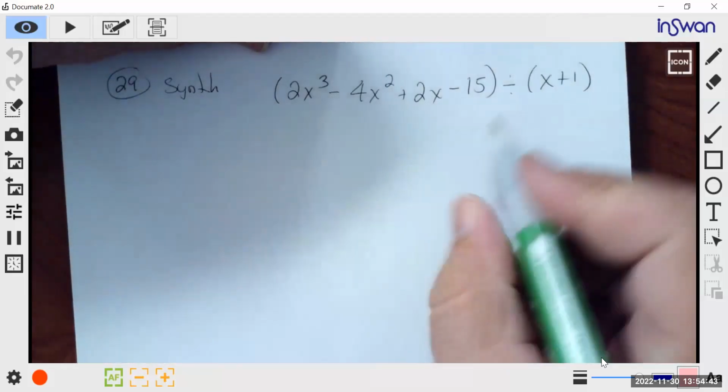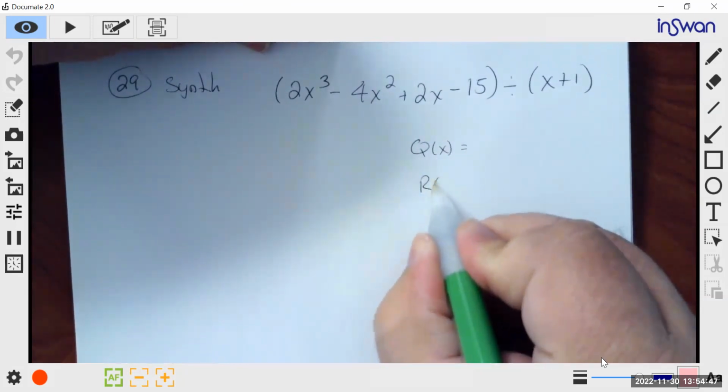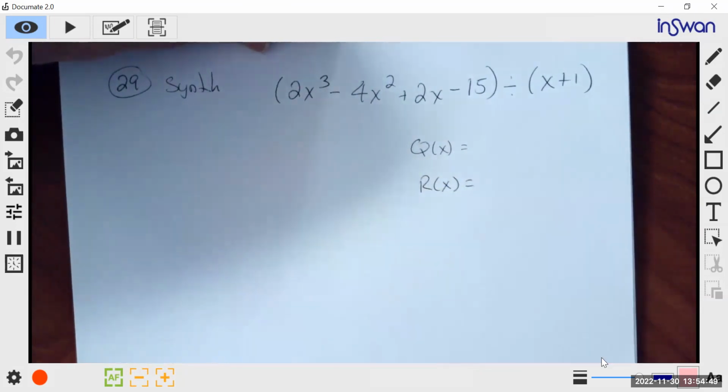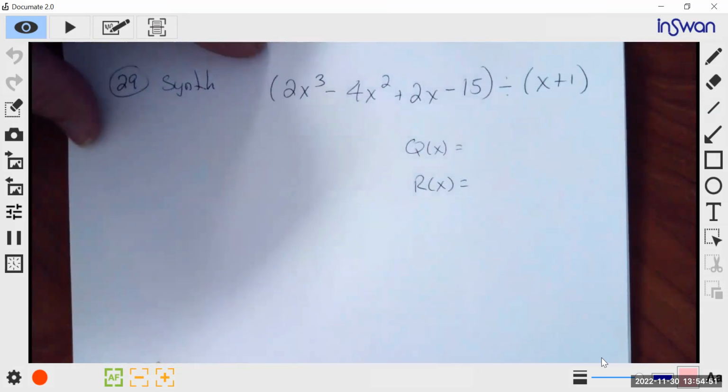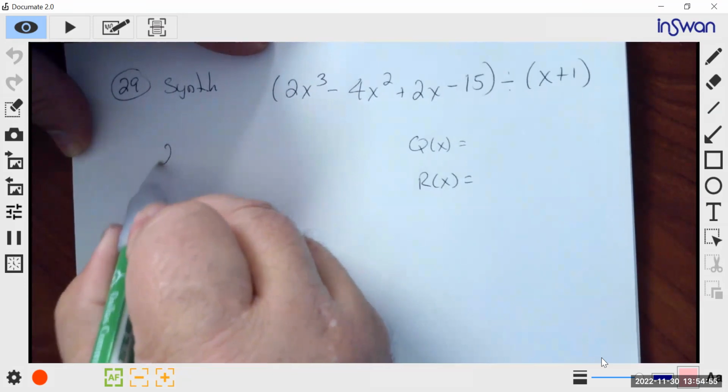It's asking for the quotient and the remainder. Remember the process? What this one looks like is like it looks like this.